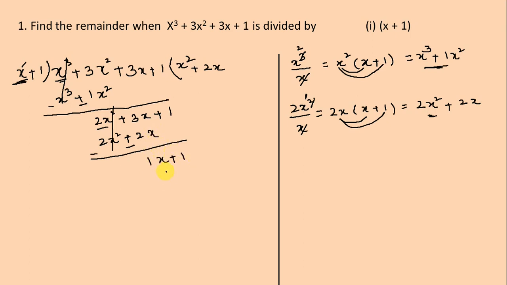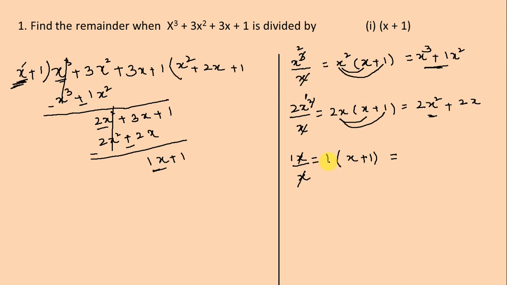Again we follow the same steps. First term and the first term. The first term is 1x and here the first term is only x. So x gets cancelled, remains 1. We put this 1 here. Then we multiply 1 with x plus 1.